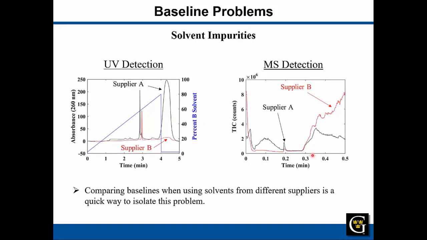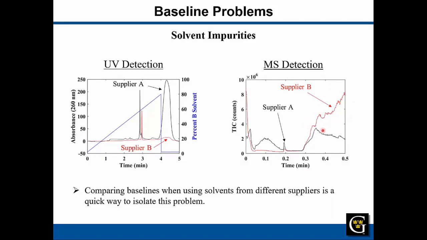We can also observe things like this with mass spec detection. Here in this comparison, we have the total ion chromatogram, and we see again in the case of the red chromatogram that we have a really dramatic increase in the signal toward the end of the analysis.